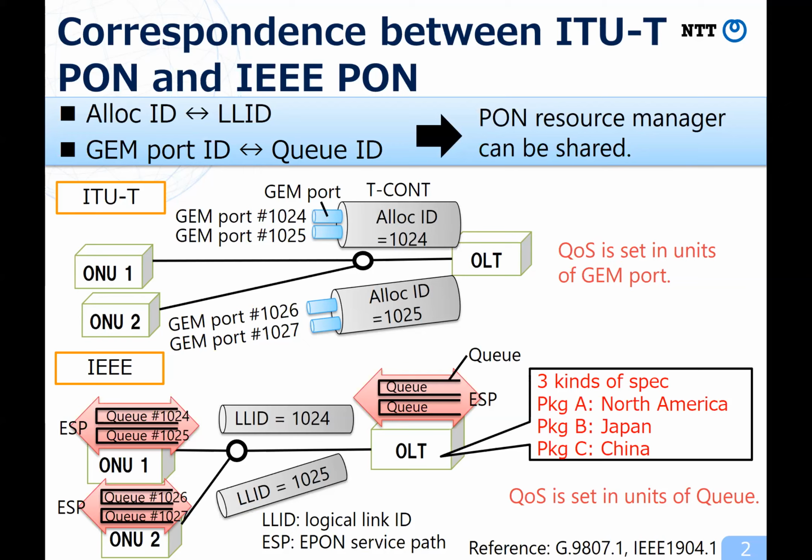So I think if alloc ID is corresponded to LLID and GEM port ID is corresponded to QID, we can use a common PON resource manager between ITU-T PON and IEEE EPON. The difference we should add to the tech profile is that IEEE EPON has 3 kinds of subdivided specification for each country. There are package A for North America, package B for Japan, and package C for China.